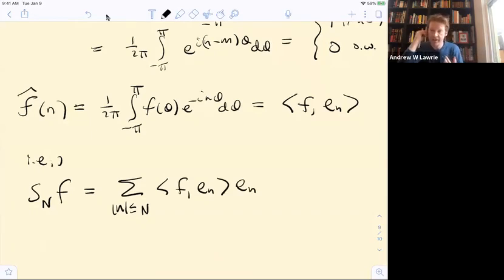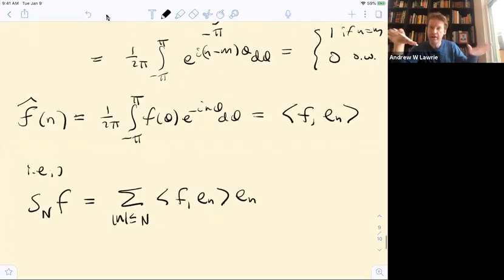So this is just taking the span of these functions e_n in L2, and then taking the projection of f onto this plane. So the partial sums are a natural geometric thing, right? There's geometry in a Hilbert space, or in a vector space.